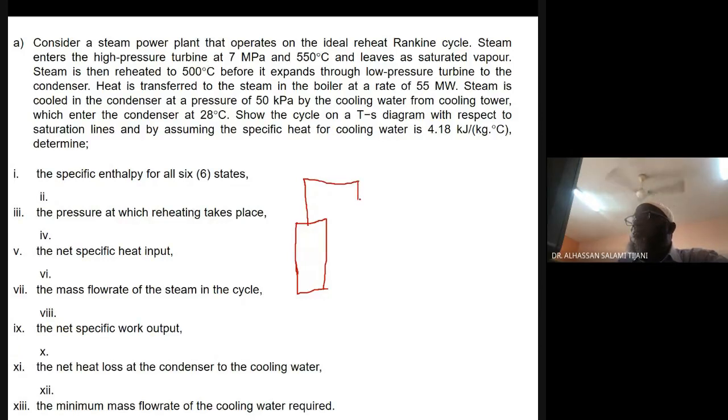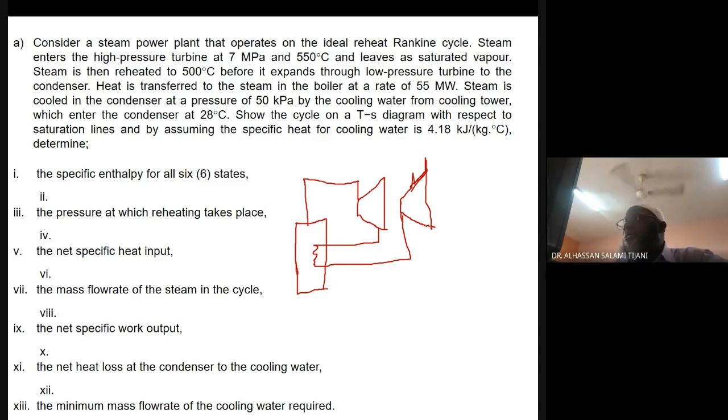First, it is expanded, and reheated, and then goes back again to another turbine. Okay, that's the low pressure turbine. Before the fluid is expanded again into the condenser.